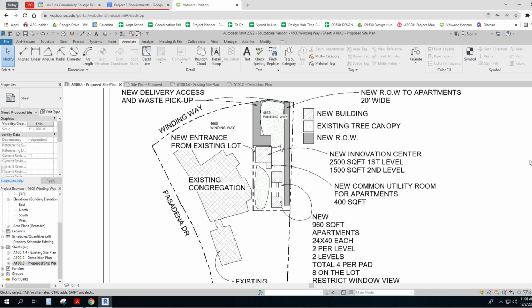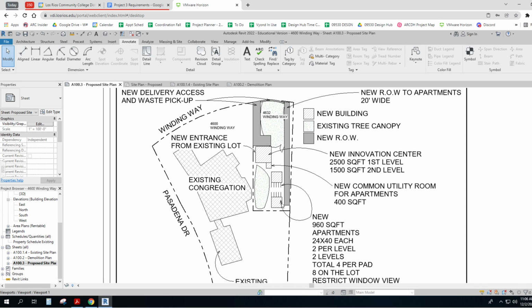So the first thing I needed to do was figure out the Innovation Center and the apartments. So I decided on 24 by 40. Each of these pads is 50 by 50. So that sort of gives me the idea.